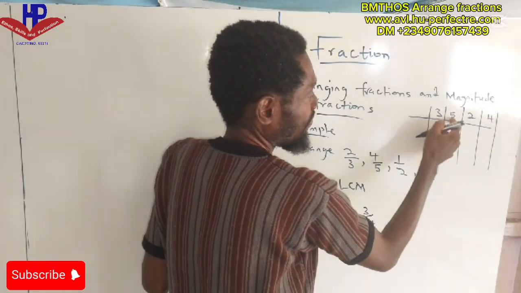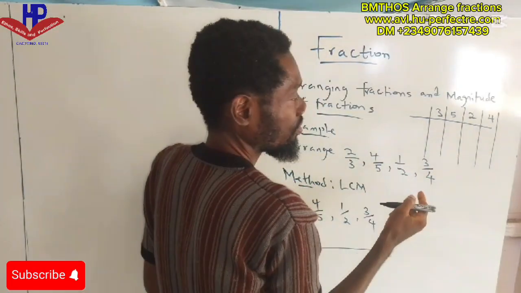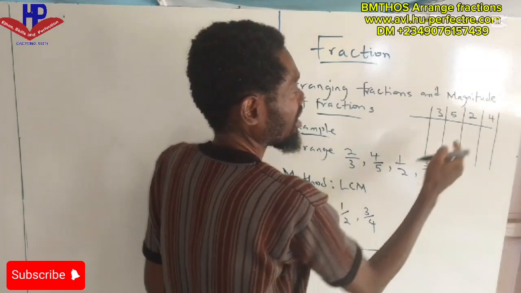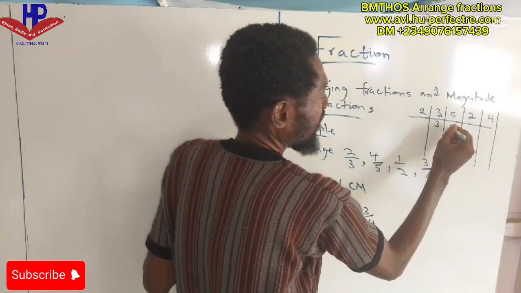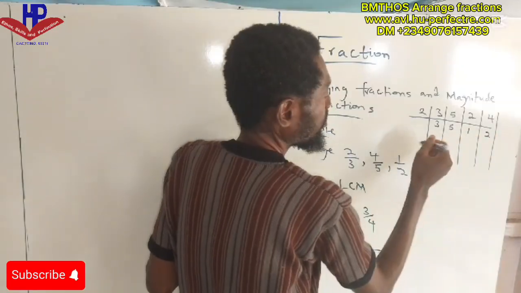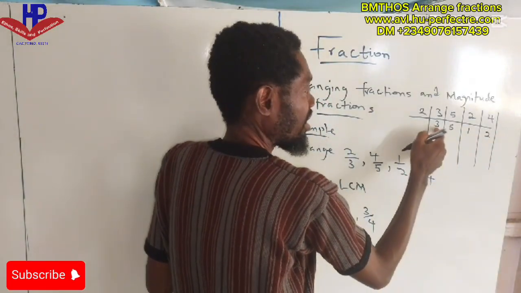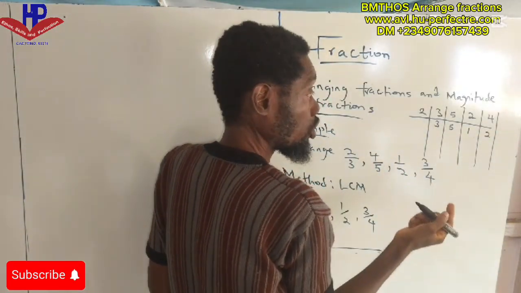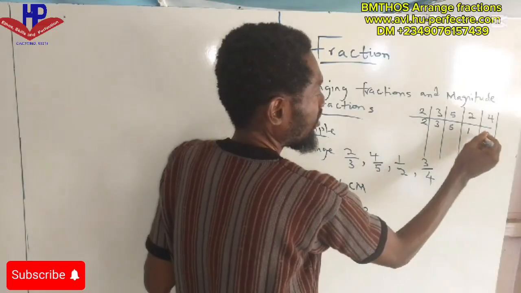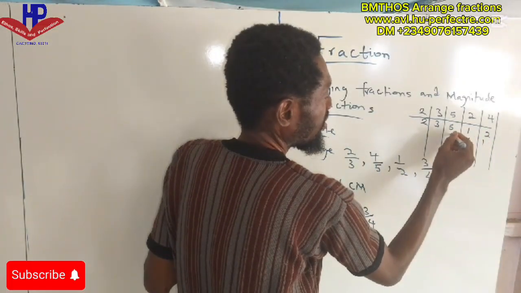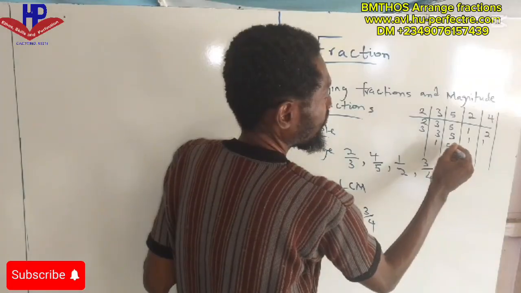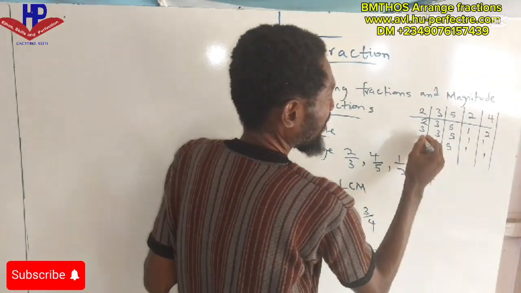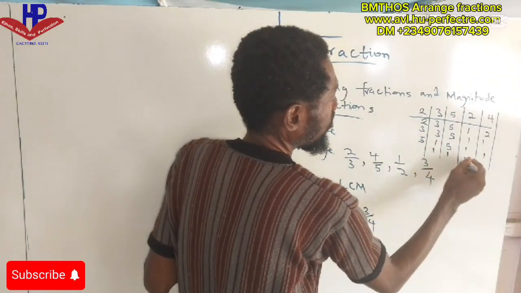What can divide 3, 5, 2, 4 at the same time? No number, but 2 can divide 2 and 4. So I write 2, 3, 5, 1, and 2. What can divide 3, 5, 2 at the same time? No number. 2 can divide itself. 1, 1, 5, and 3. 3 can divide itself. 1, 5, 1, 1. 5 can divide itself. 1, 1, 1, 1.